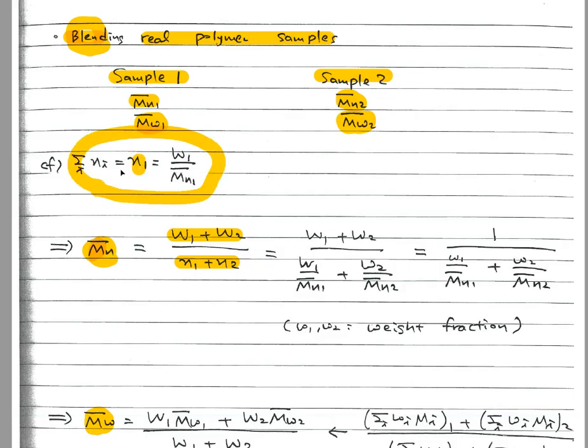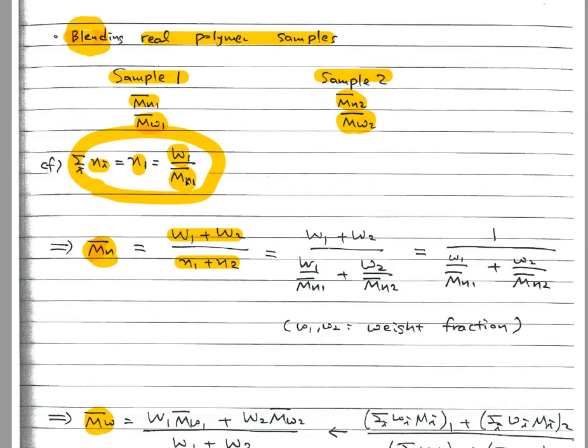So, for example, N1 is basically the sum over i of N_i, which means that in this sample, there will be a distribution of different lengths of polymer chains, right? So, for example, N1 is the number of moles of polymer chain number 1, where the length is, for example, 1, and 2 is a different chain length, and 3 is a different chain length, etc. Okay? So, N1, basically the total number of moles would be weight divided by the number average molecular weight.